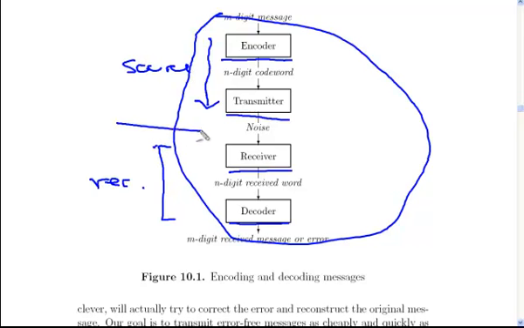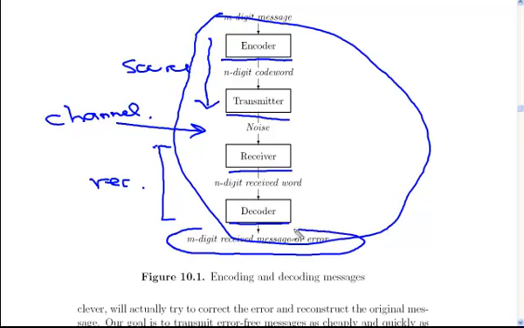And then here's where the channel is, right here. Okay, so the blocks in the source basically dress up the message, and then the blocks in the receiver undo the dressing up so that you recover the original message.